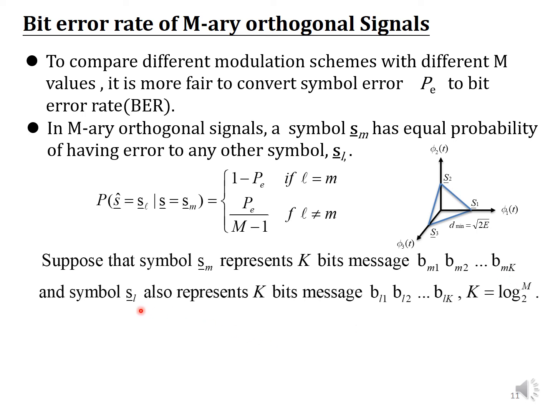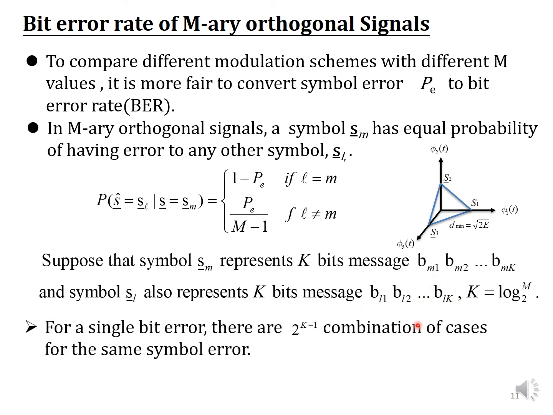And the symbol S_L, the detected symbol, also represents k bits, from bit 1 to bit k, another k bits, and k equals log2 M. There are k bits of the transmitted message, and there are k bits of the received message.